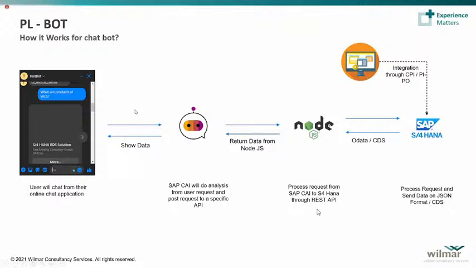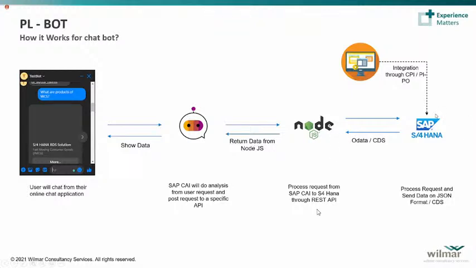It will read whether the request is to get the report for harvesting or a financial report. After that, it will send it to the API accordingly, and the Node.js will process it to get the data from S/4HANA, receiving it through OData or CDS.